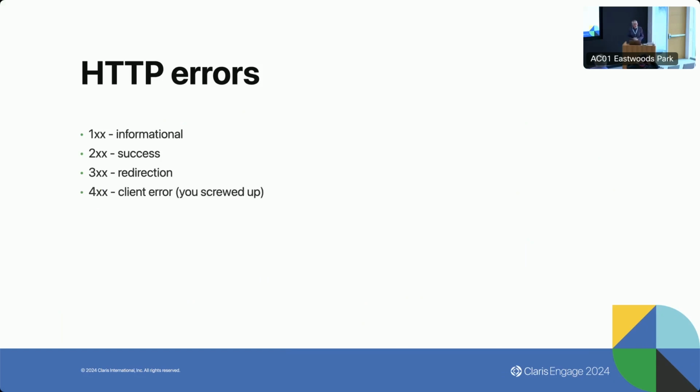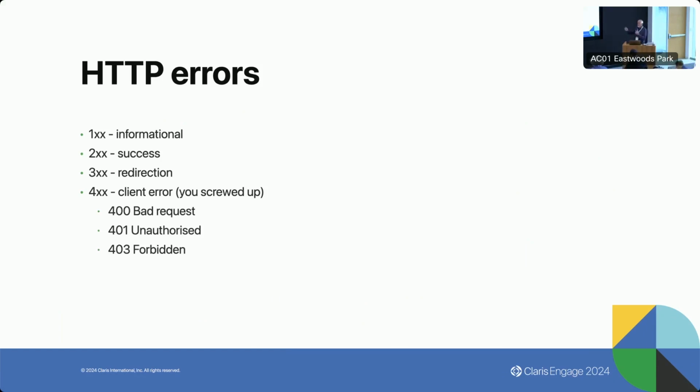The 400 categories basically mean you screwed up. 400 is a bad request. You'll often get bad requests as a response if the payload that you're sending fails validation. It's a very common way in which 400 gets returned. 401 is labeled as unauthorized. 403 goes quite closely with 401, and it means forbidden.